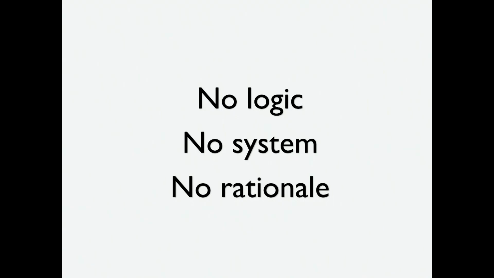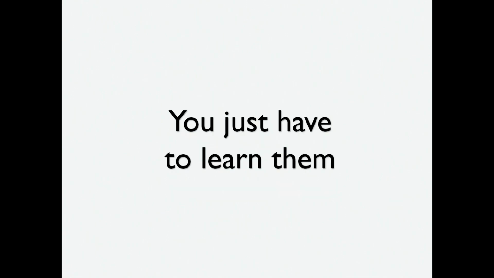There's no real logic or system or rationale for the selection of these as metasyntactic characters. Basically, you just have to learn them or use some kind of a cheat sheet. And on the website, you'll find a cheat sheet that shows you all of the metasyntax in all 6 dialects that you can use to work out what's going to be straightforward and what's going to be meta.